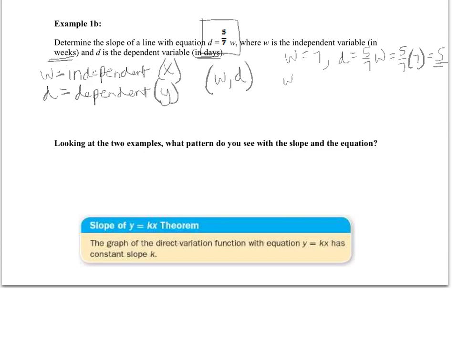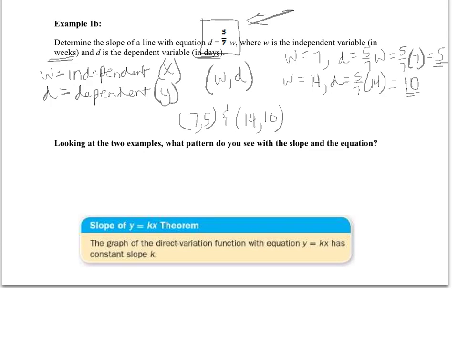And if w equals 14, d equals 5/7 of 14, because I plugged in 14 for w in this equation. So then d would equal 10. So let's write those as ordered pairs. So if w is 7, we said d was 5. And if w was 14, we said d was 10.